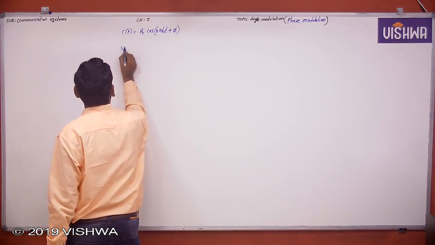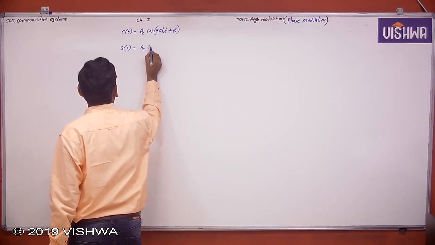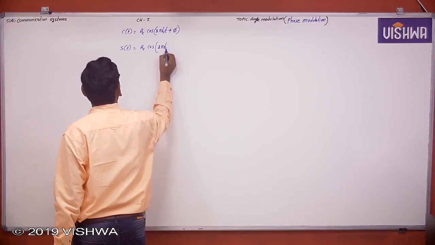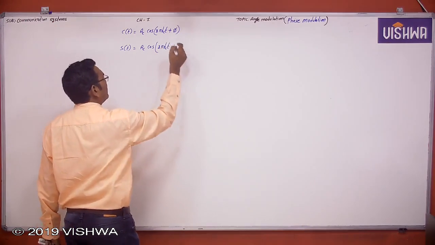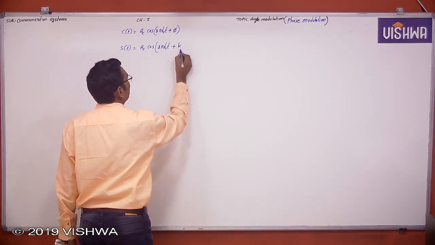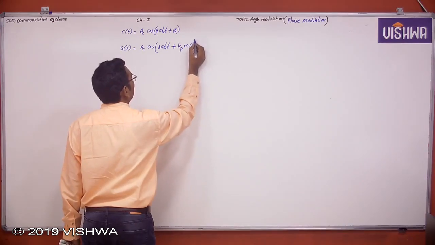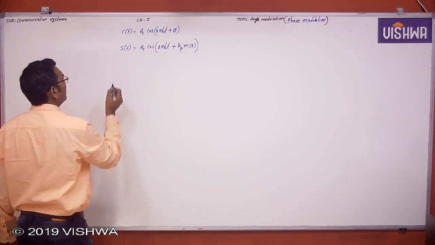Now what is the carrier after phase modulation? There is no change in amplitude, there is no change in frequency, and there is a change in phase. That phase change depends completely on the amplitude of the message signal.